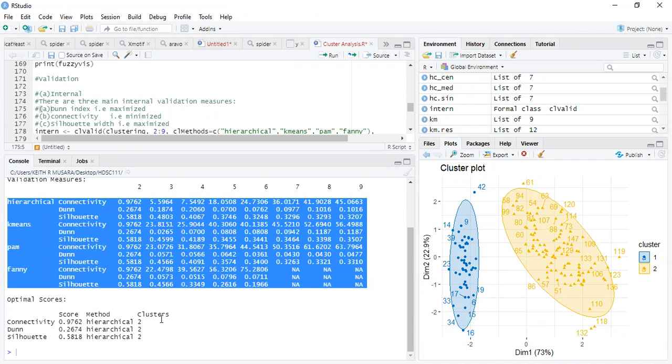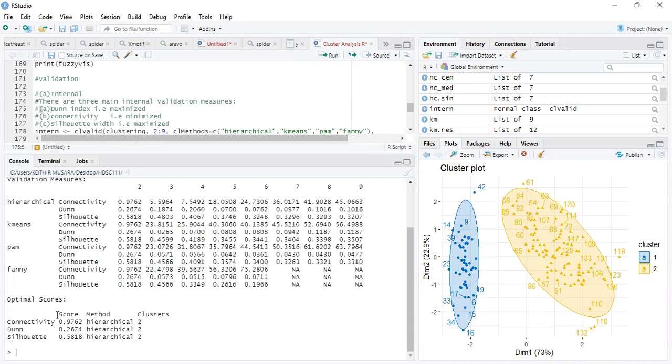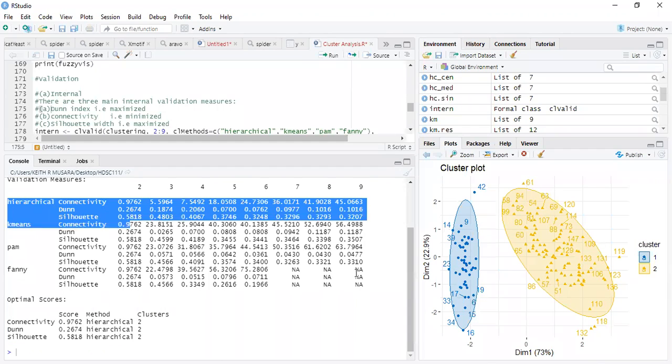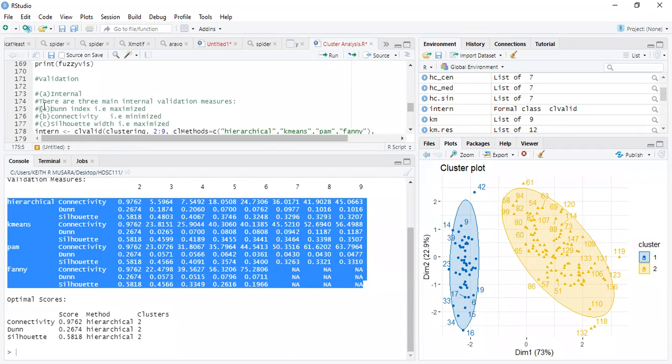All right. So now, what's key in this section is to say, suppose it's an exam, right? I will not give you these optimal scores. So you are supposed to come up with the optimum number of clusters based on what I was doing here, using this: the Dunn index maximizes, connectivity minimizes, silhouette maximizes.